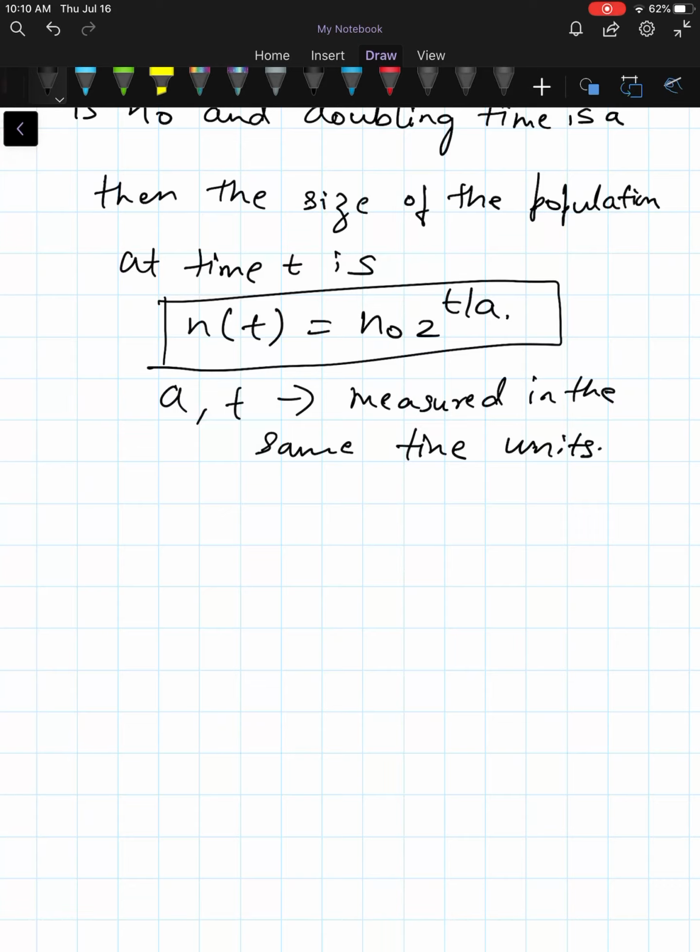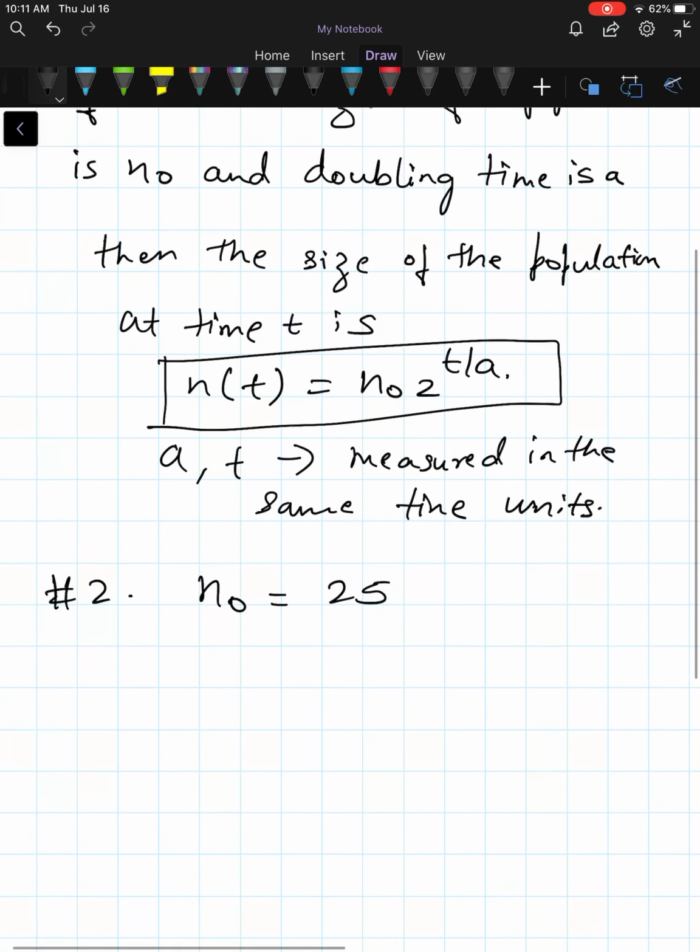So to do a problem for you, I will do an exercise, problem number 2. I'll read out the problem. A certain culture of the bacterium Rhodobacter, a kind of bacteria, initially has 25 bacteria in number. So N0 is 25, and it is observed to double every 5 hours.